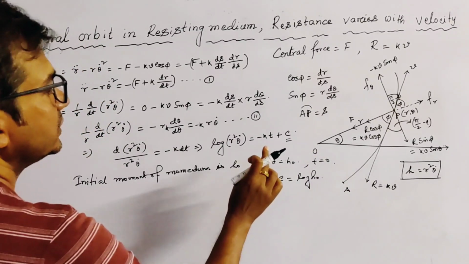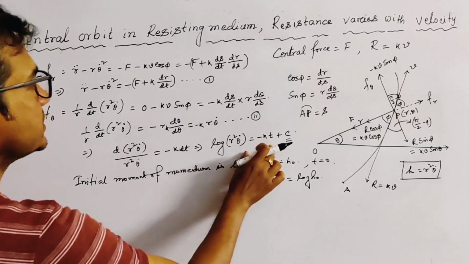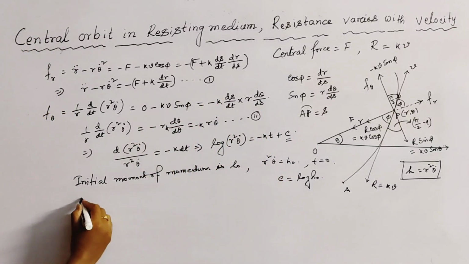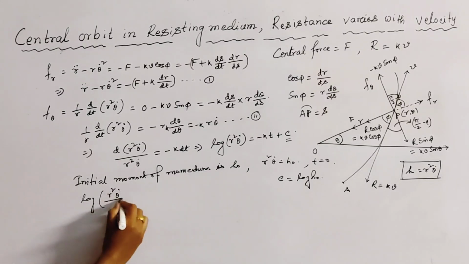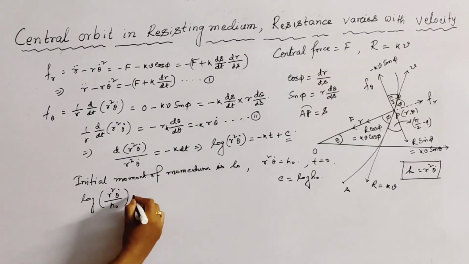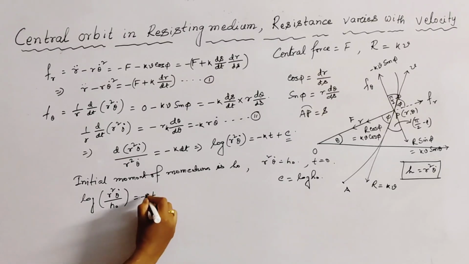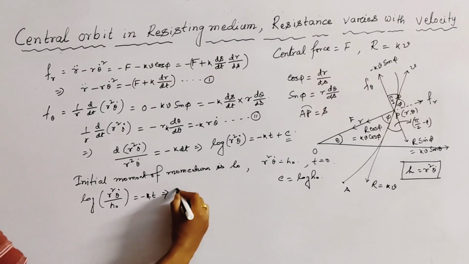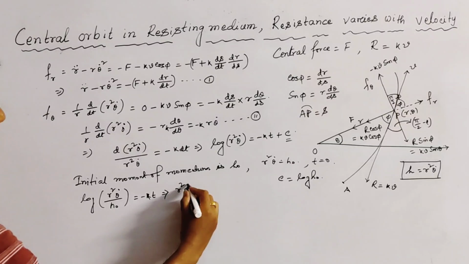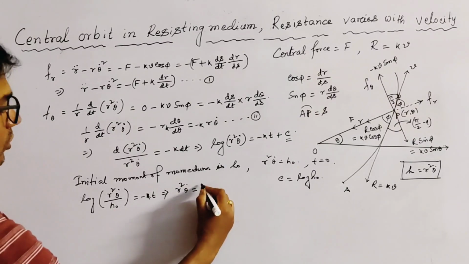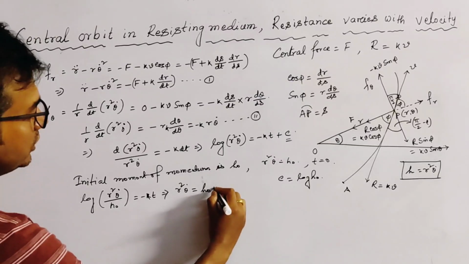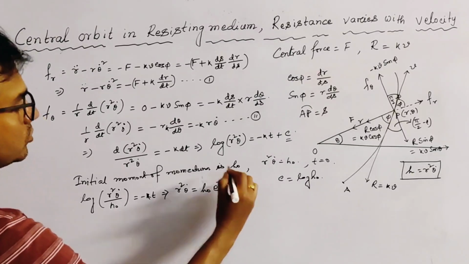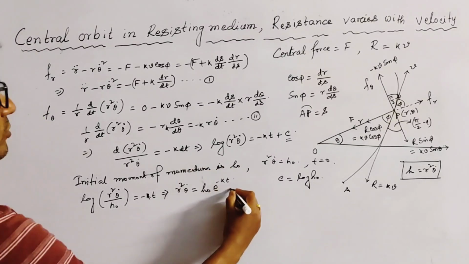Putting the value of c in this relation, we get log(r² θ̇ / h₀) = −kt, so r² θ̇ = h₀ e^(−kt).